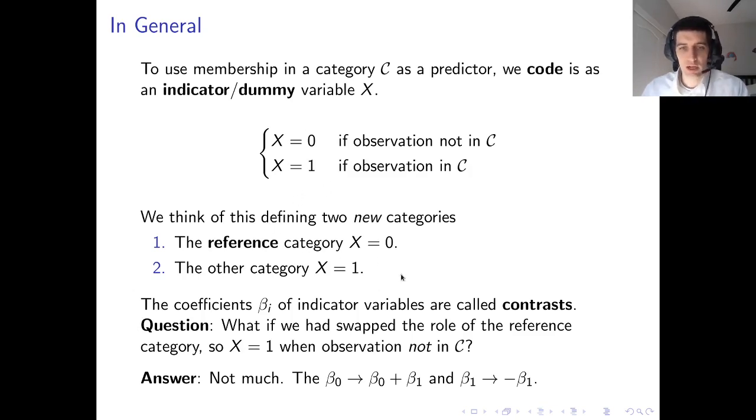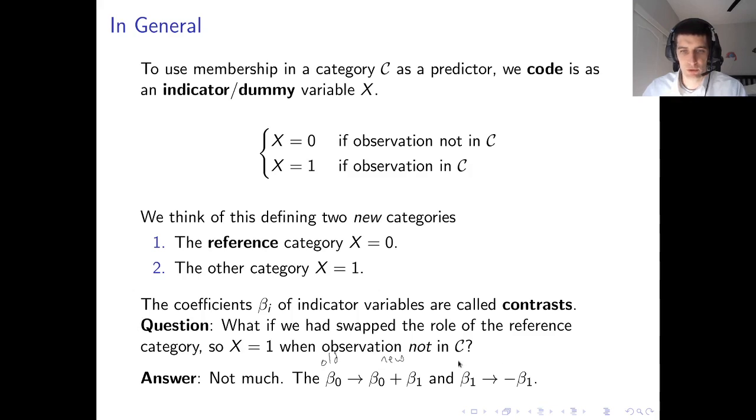It turns out that actually it's not sensitive to this flip. If we do swap the roles, you can think about it yourself, but what happens is that the beta naught term becomes beta naught plus beta 1, and the beta 1 term becomes negative beta 1. This is the old, in the previous encoding, and this is the new.